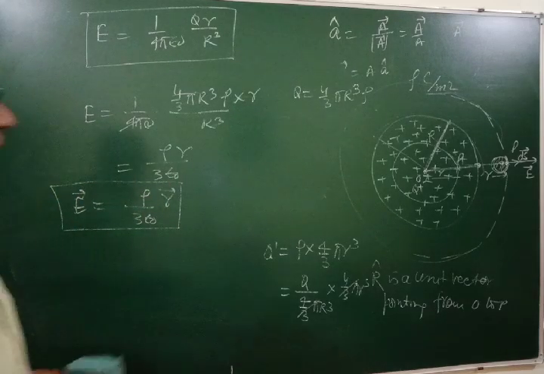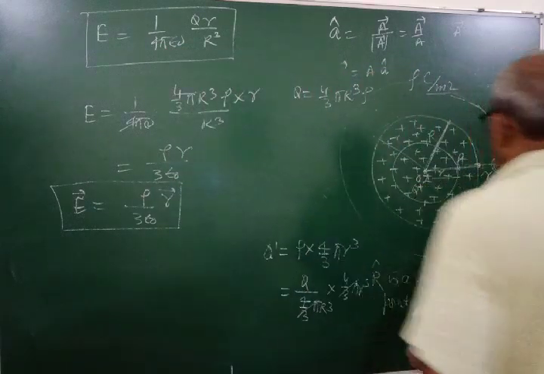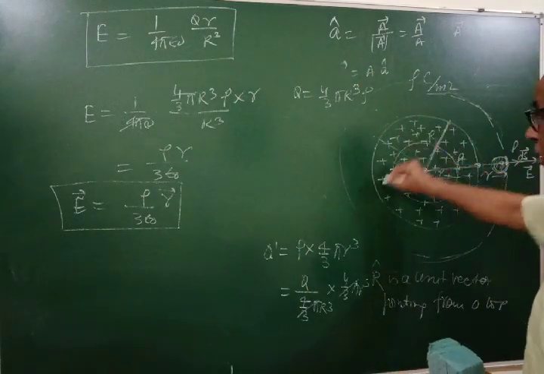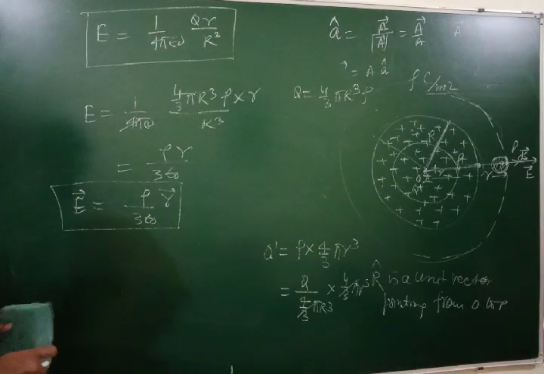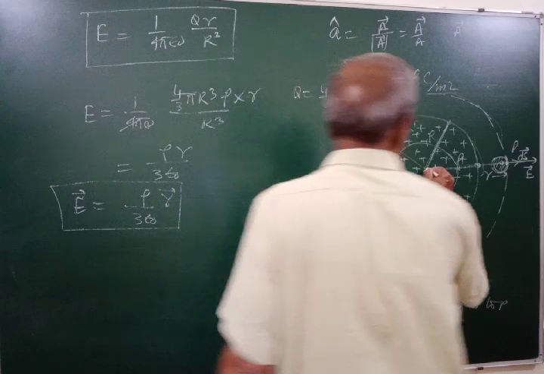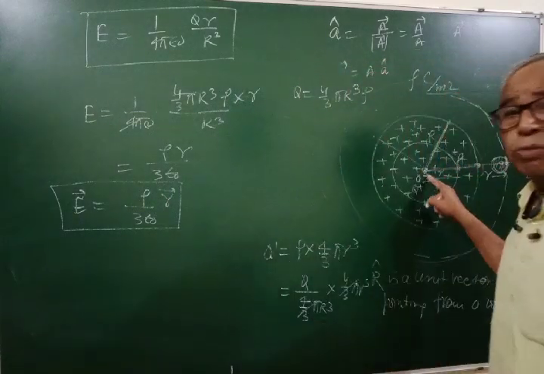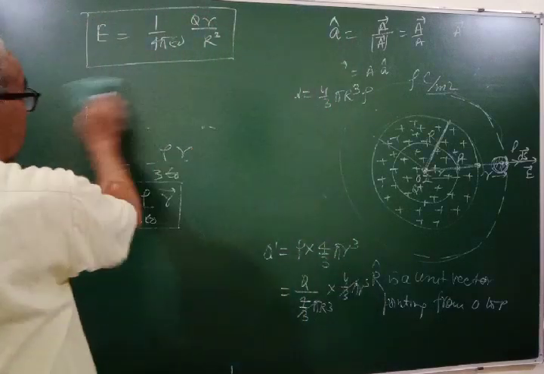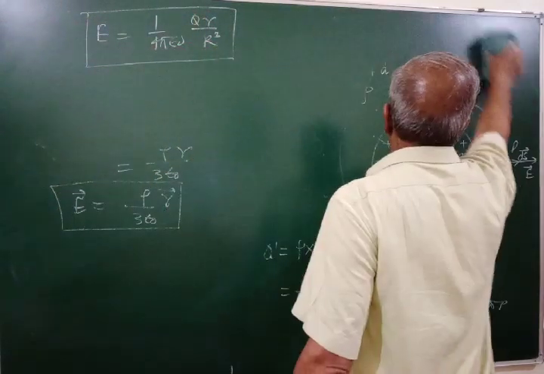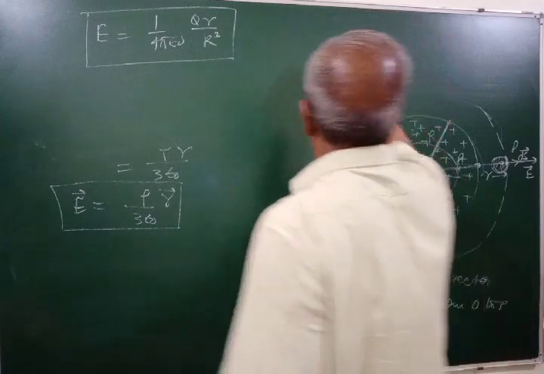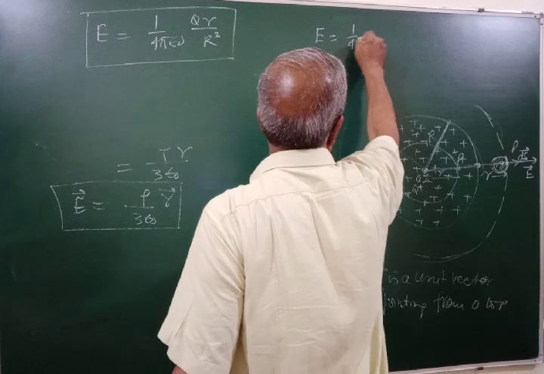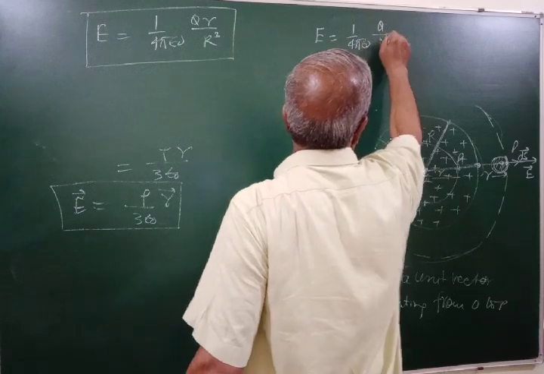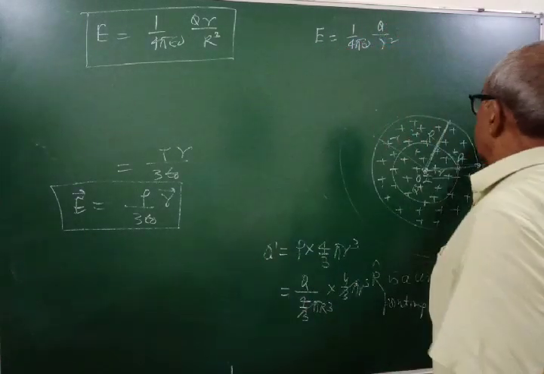If point P is inside, wherever it is, here or here, then the electric field is in terms of the position vector of point P with respect to the center of the sphere. So here I have derived the formula for the electric field due to a charged sphere, and you have to remember them. First of all, 1 upon 4 pi epsilon 0 Q upon R square at this point also.